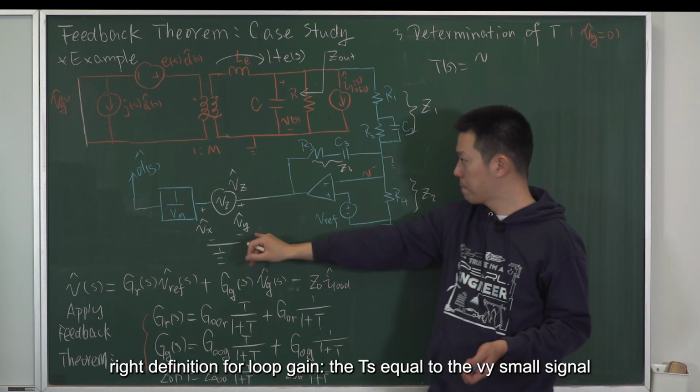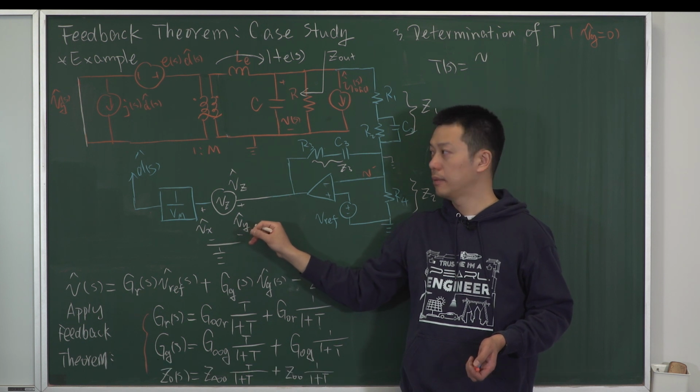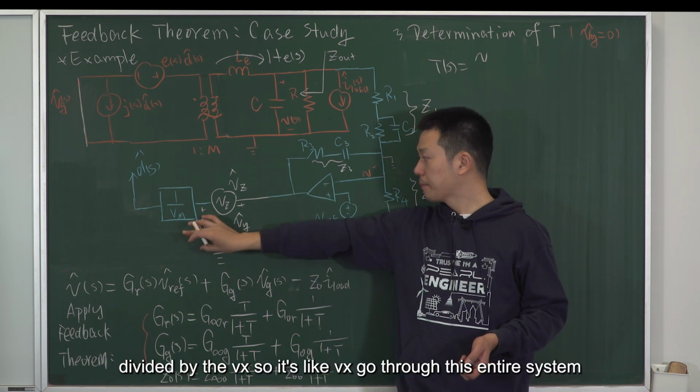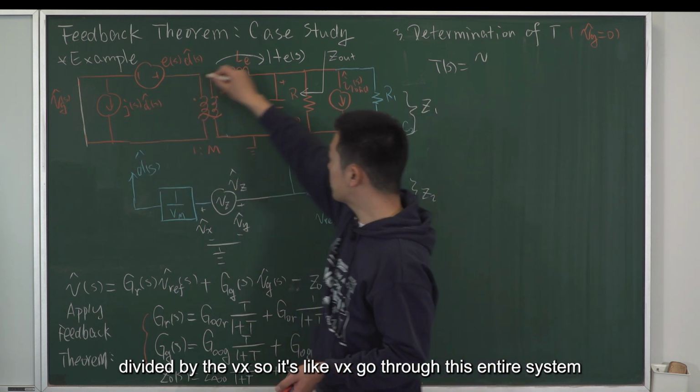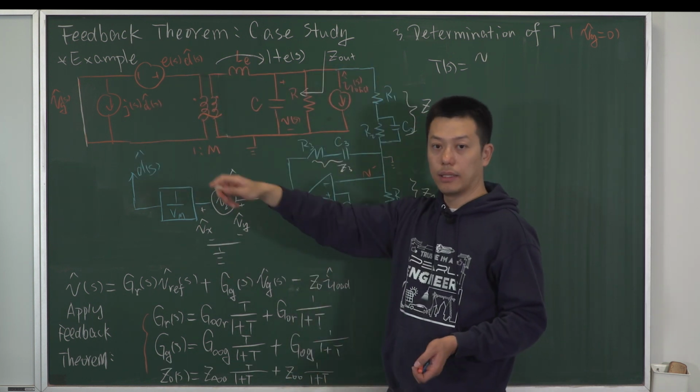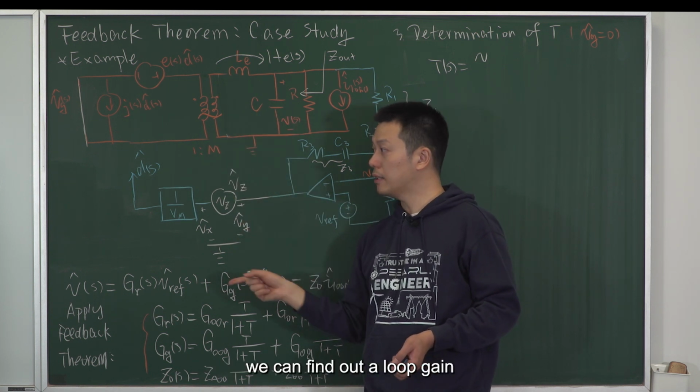the Vy small signal divided by the Vx. So it's like Vx goes through this entire system until it comes back, goes through one loop, right? We can find out loop gain.